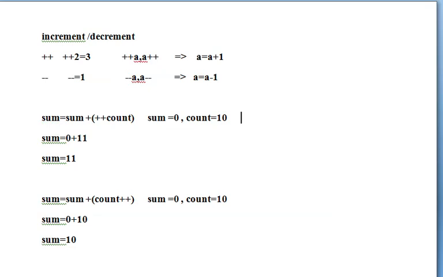So this is about prefix notation and this is about postfix notation. I think it was clear to you.